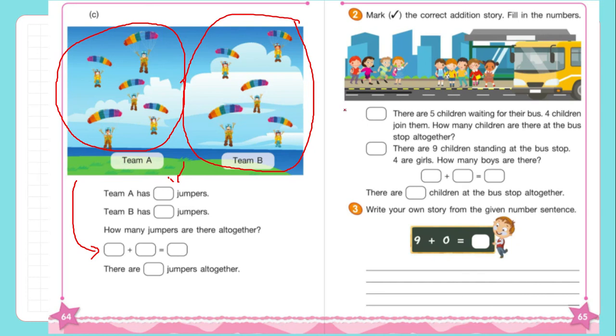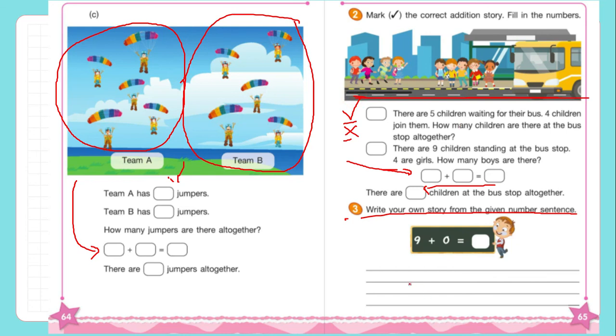And this one, you're going to put check or X if the sentence states the correct word about the picture. And then you're going to write it in addition sentence and write here the total. And in number 3, you're going to finalize your number sentence. Okay? You're going to write the correct answers here.